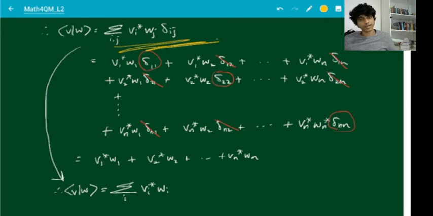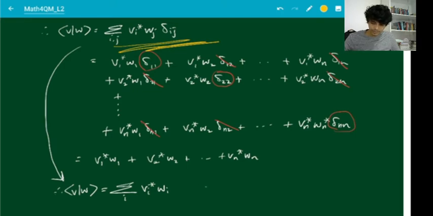So the summation over ij with the delta ij just removes the j sum by only taking those values of j which are equal to i. So you get this inner product of V with W equal to summation of Vi star Wi.